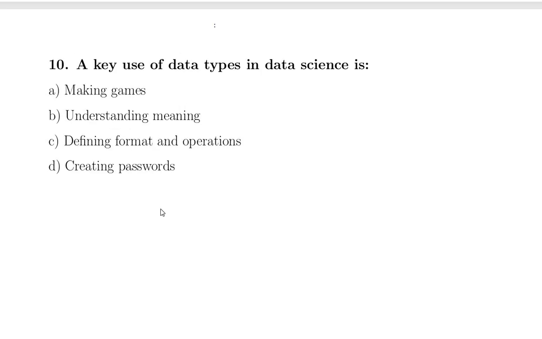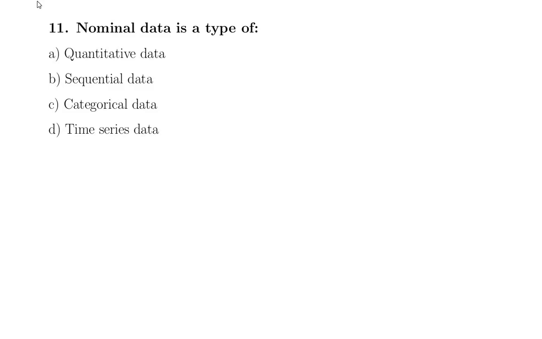A key use of data types in data science is making games, understanding meanings, defining format and operation, or creating passwords. Data types in data science are used to define format and operation. Nominal data is a type of quantitative data, sequential data, categorical data, or time series data.